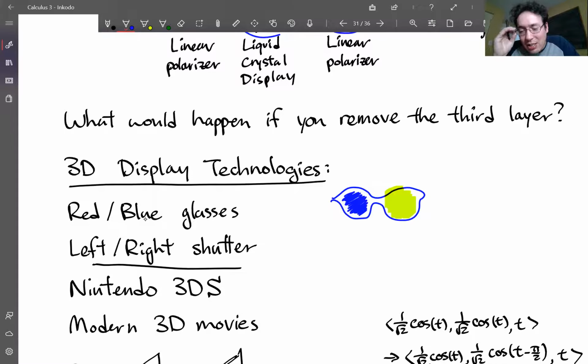So what could happen is that you could have a screen that flips back and forth between your left and right images.